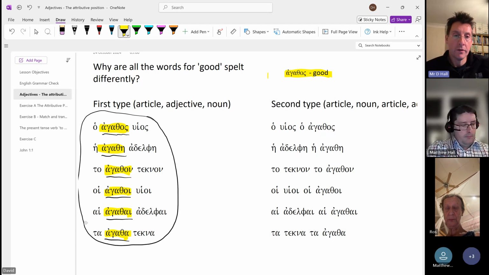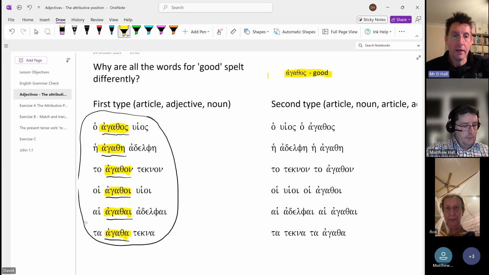We've talked about this before. It needs to agree in number, so it needs to be singular or plural. And it needs to agree in case, so it needs to be in the right case. Now all of these are in the nominative case, and we'll deal mostly with those, but it also needs to agree in gender.